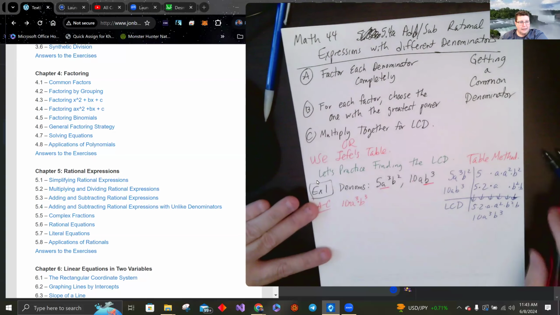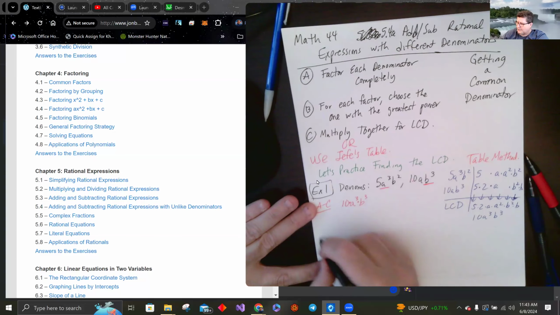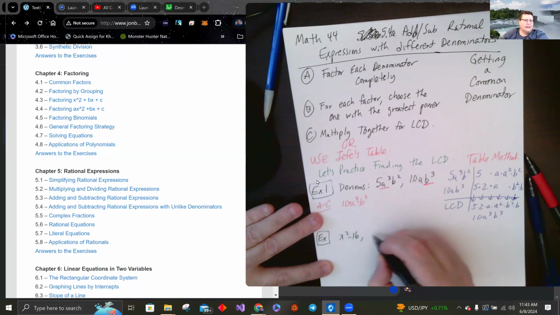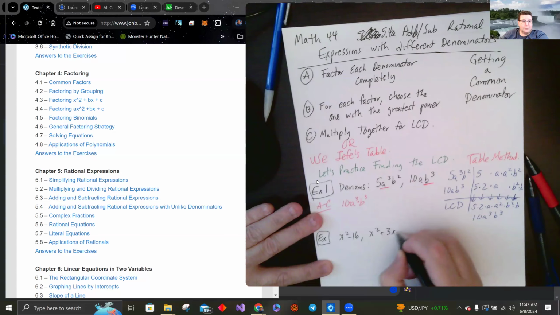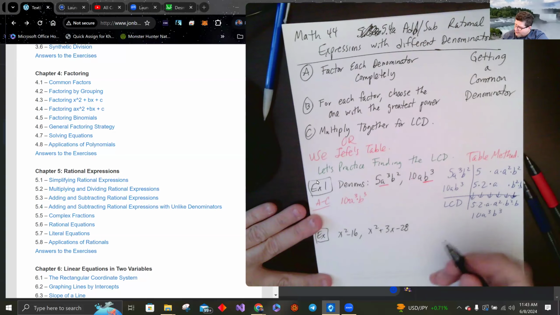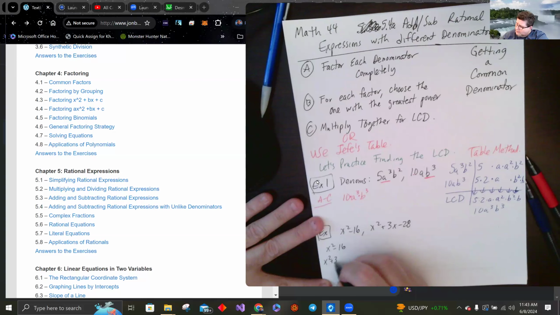All right, let's kick it up. Let's do example 2. Our denominators are x squared minus 16 and x squared plus 3x minus 28. So when I make my table, this is x minus 4, x plus 4.